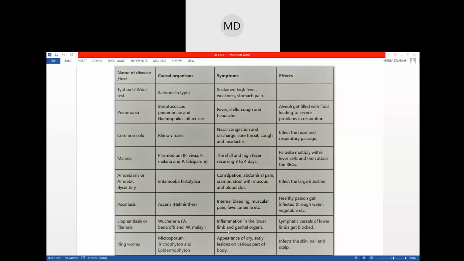And these are the symptoms. What is seen externally in your body? And these are the effects, that is, what happens inside your body. Like here, the large intestine is infected by amoebiasis.